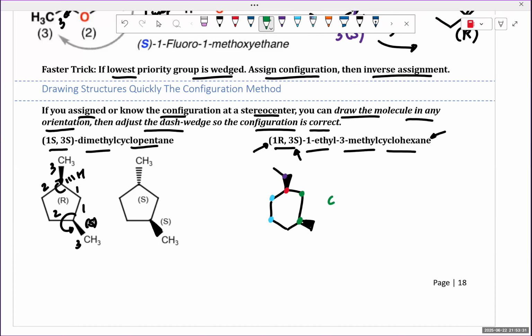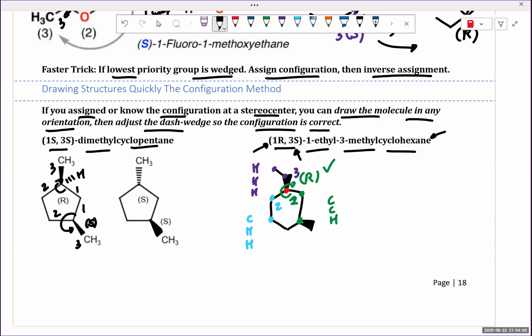Here we have a carbon attached to 2 carbons and a hydrogen versus a carbon attached to 3 hydrogens versus a carbon attached to a carbon and 2 hydrogens. From here, the group on the right is priority 1, the group on the left is priority 2, the group up top is priority 3. So tracing, this would give us an R stereocenter on carbon 1, so we keep it.